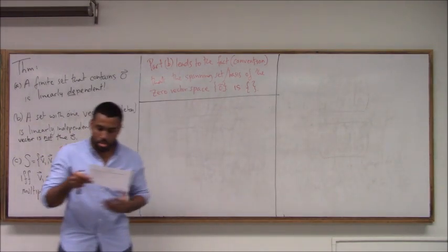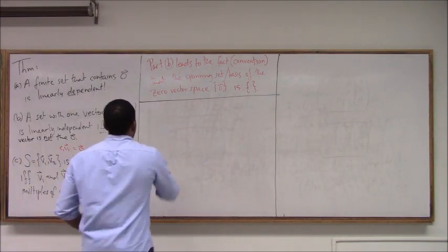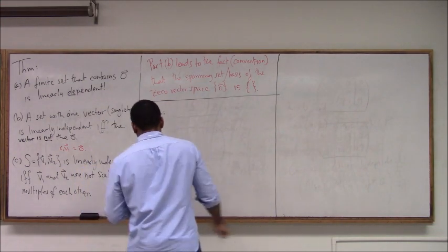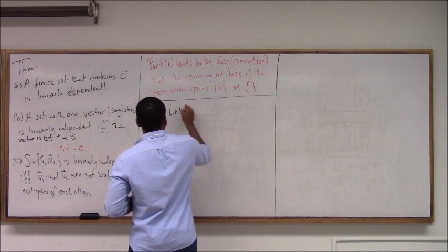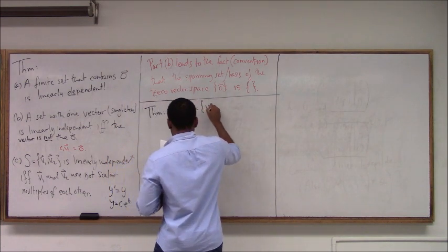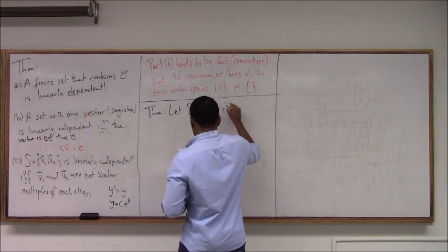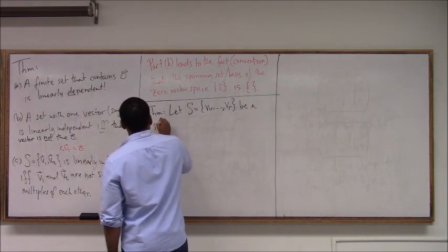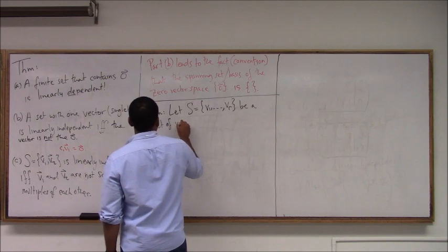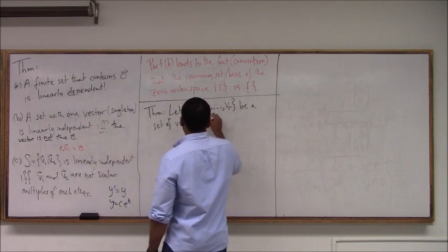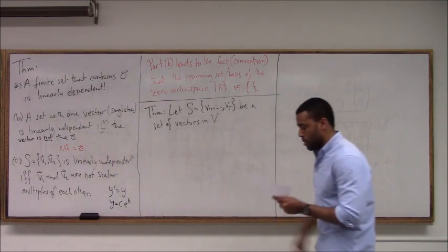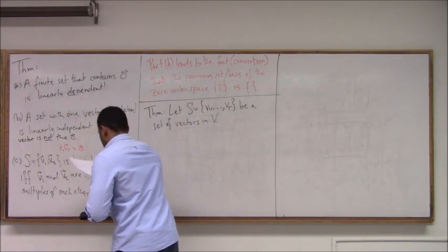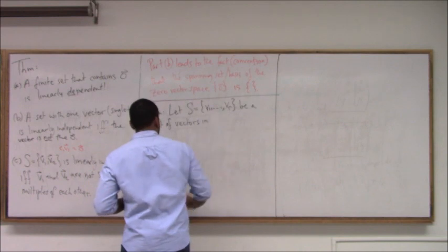Another theorem that's going to be important. Let S be a set of vectors in V. Uppercase V is always going to be standard notation for a vector space. Actually, this one I want to apply specifically to Rn.